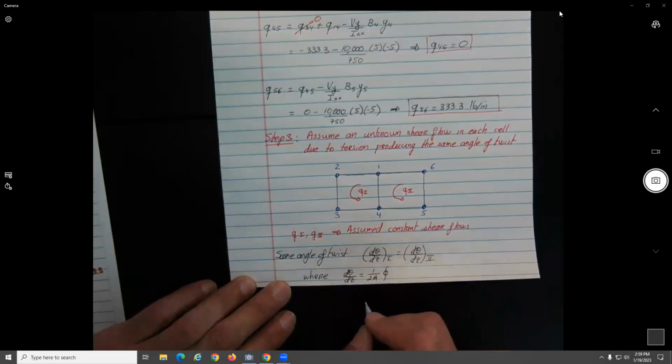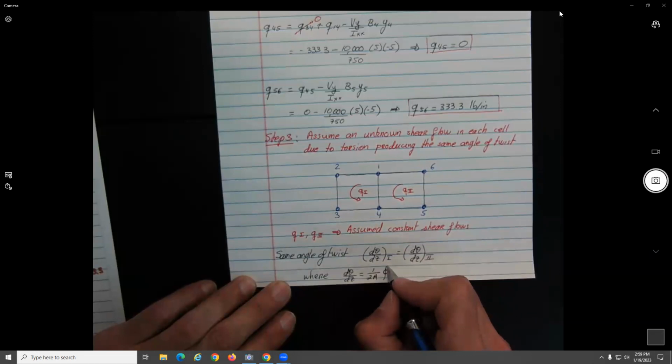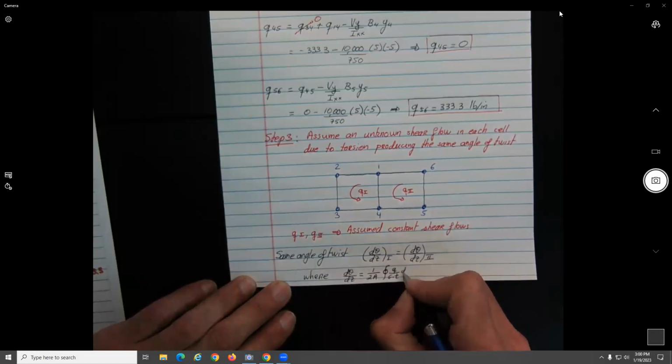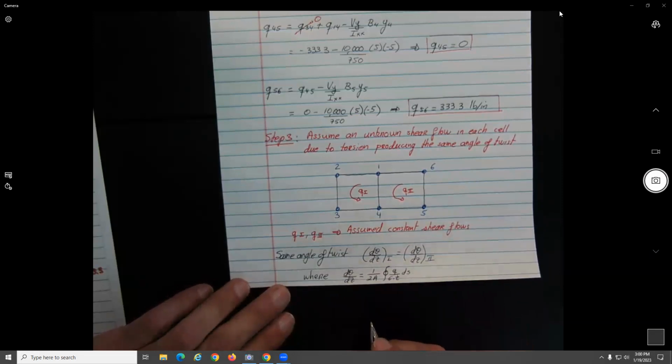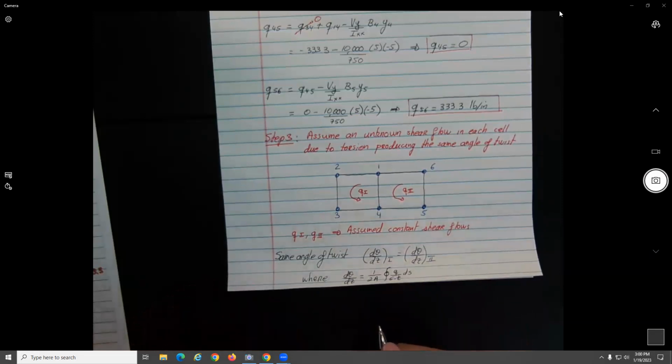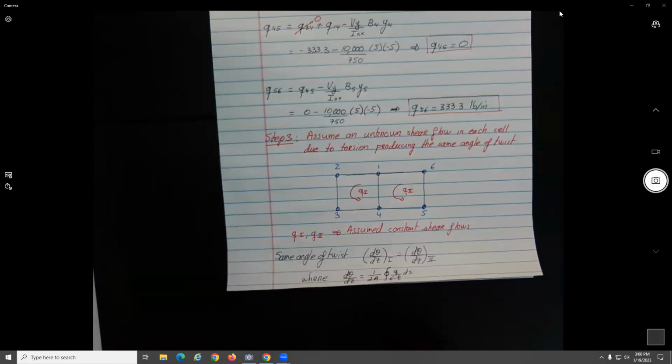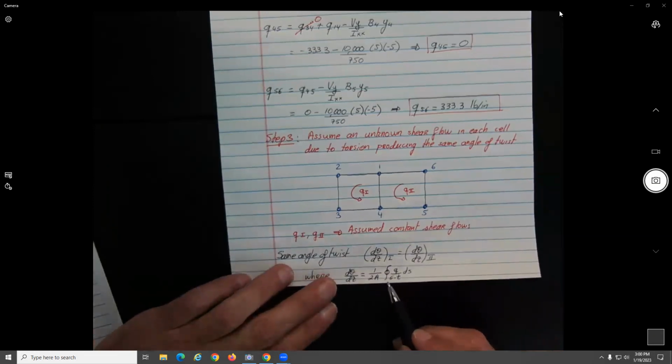That's why I draw the little circle on the integration sign, of q over G t ds.